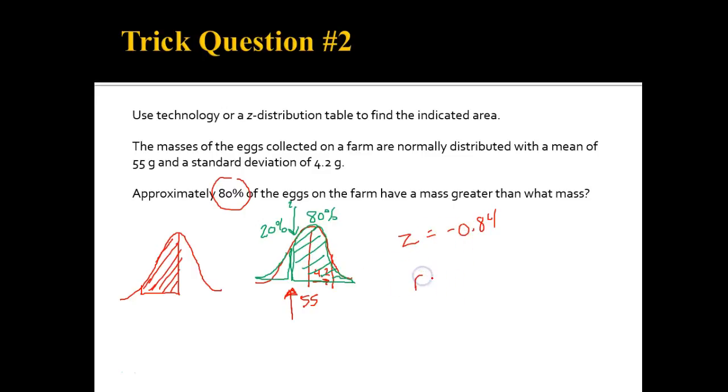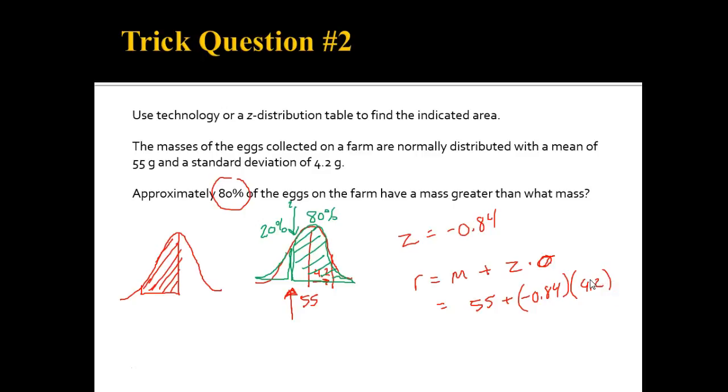Remember the raw data, the number is going to be the mean plus the z-score times the standard deviation. Okay, so it's going to be 55 plus negative 0.84 times 4.2. Do that on your calculator, please.